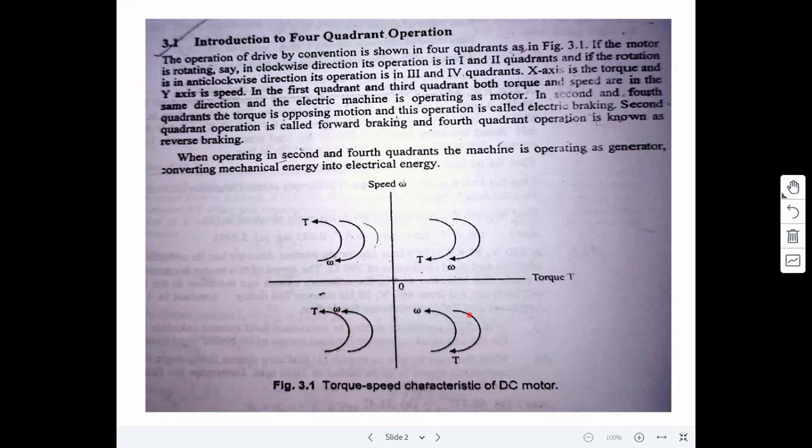Coming to here, speed is in reverse, both are opposite to each other, so it is called reverse braking mode. This is how we divide and operate our DC machine or DC motor into four quadrant operation: forward motoring mode, forward braking mode, reverse motoring mode, reverse braking mode.